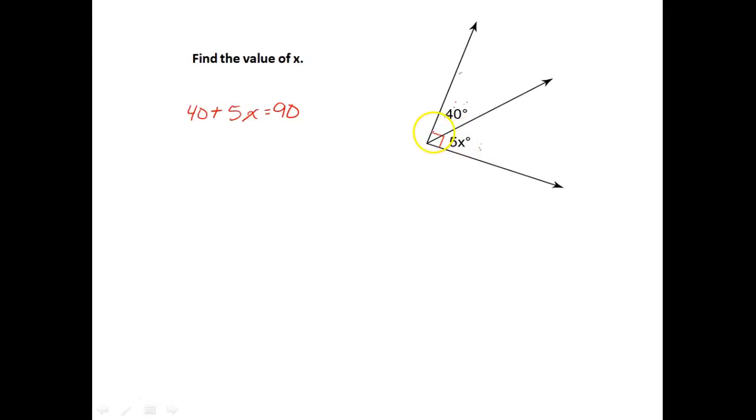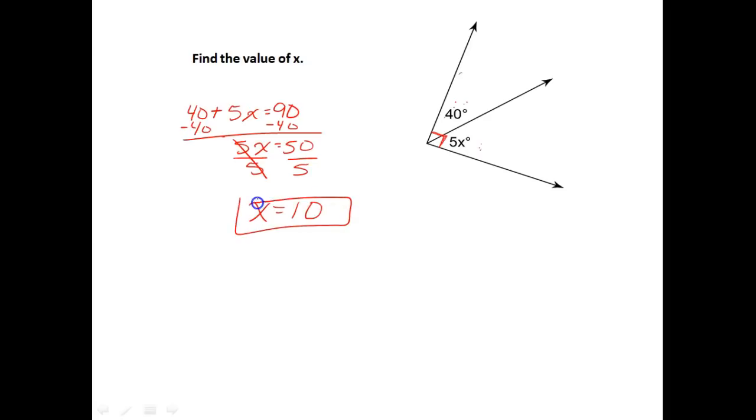Plus you see the box here, right? Right angle box. We solve for x, subtract 40 from both sides. 5x equals 50. Divide both sides by 5. And x equals 10. You have lots of practice, guys.